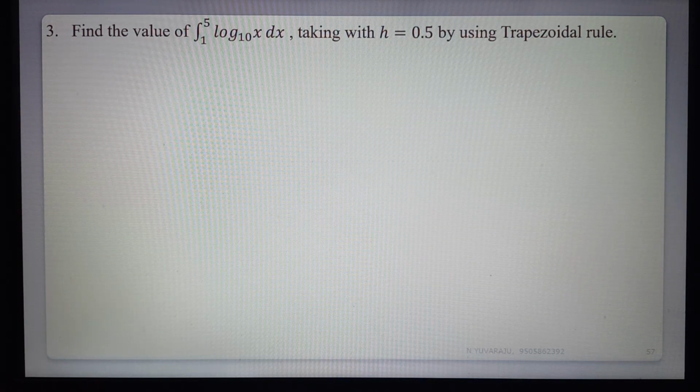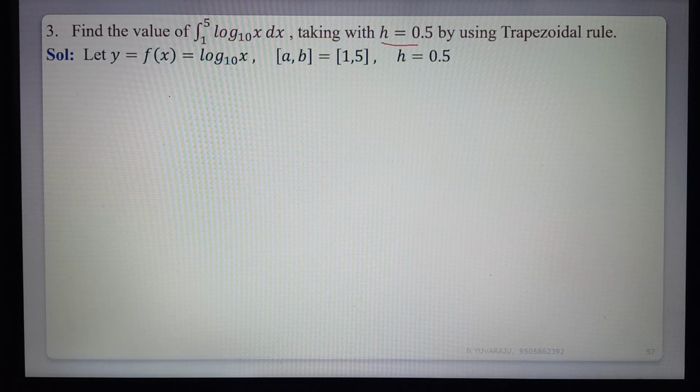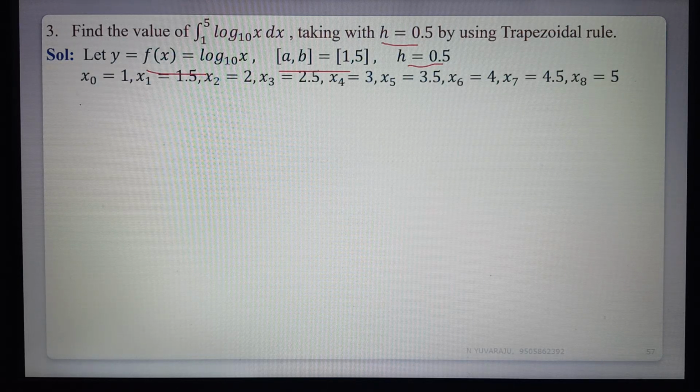Next example: find the value of the integration from 1 to 5 of log x base 10 dx, taking step length h equal to 0.5, directly by using the trapezoidal rule. Same procedure: let f of x be log x base 10. The given interval is 1 to 5 with step length 0.5, so x0 is the first value, 1.